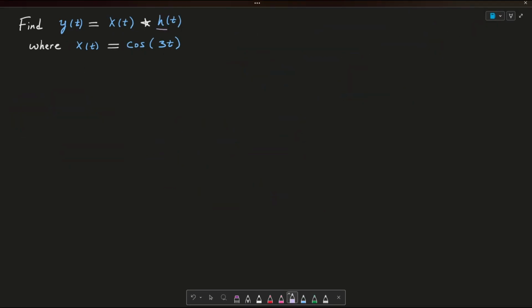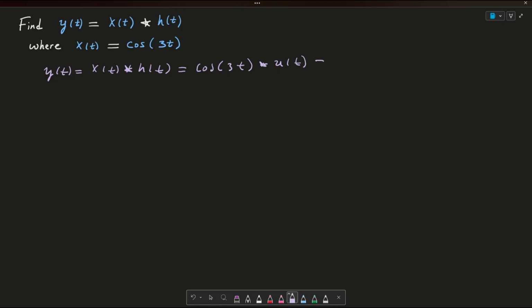Okay, given that we know our impulse response h of t, we can then say that y of t is equated to x of t convolved with h of t, which is simply cosine 3t convolved with u of t.